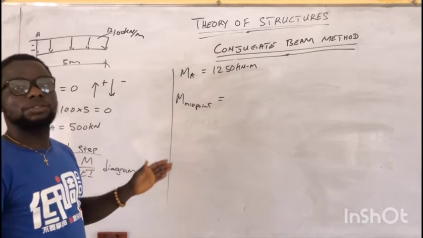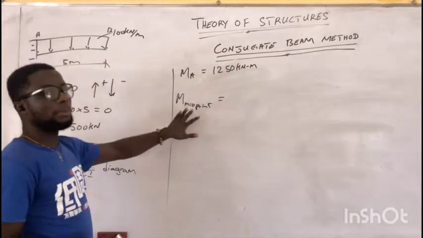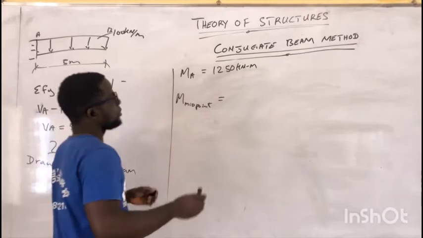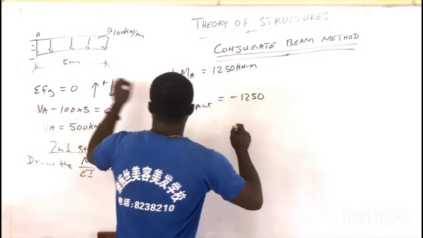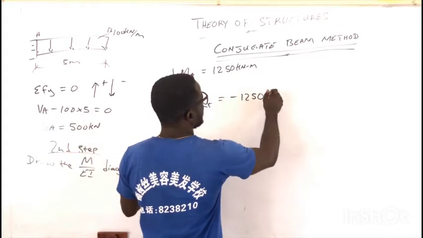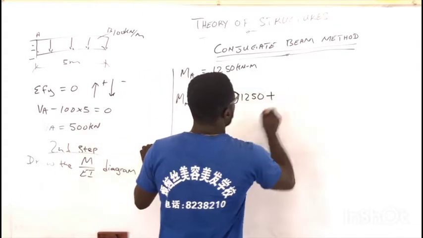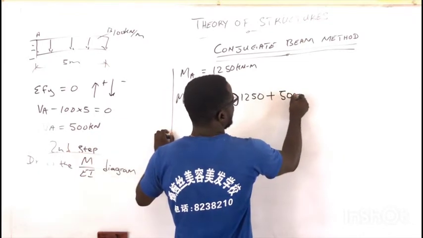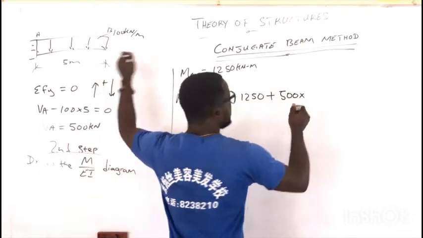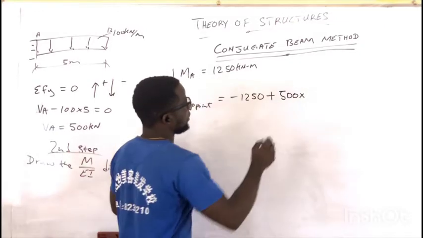I'm coming from my left to right. So the bending moment at the midpoint will be negative 500 multiplied by the midpoint, which is 2.5.